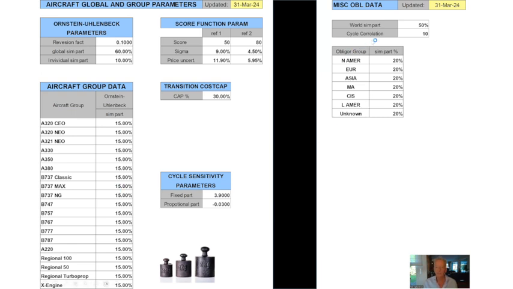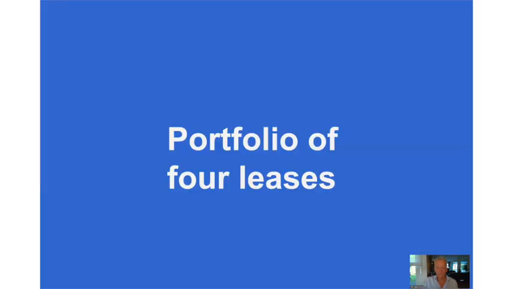And then on the obligor side, you have the global part, 50%, 20% by region, and the remainder 30% is individual by default. Okay, so that's the background to the correlations that we have in the portfolio that we have to model.